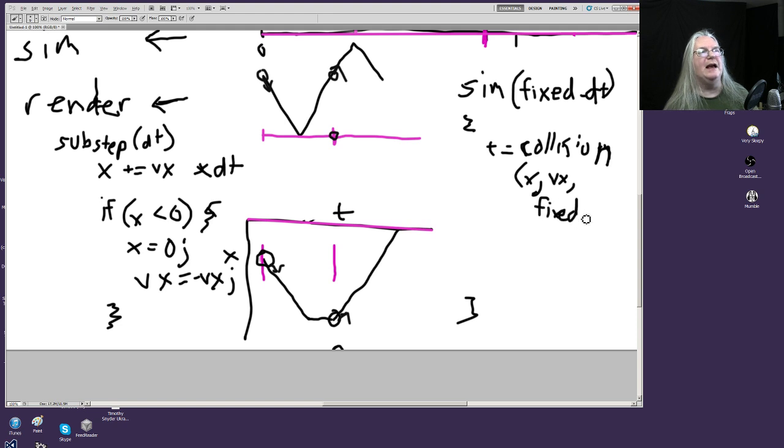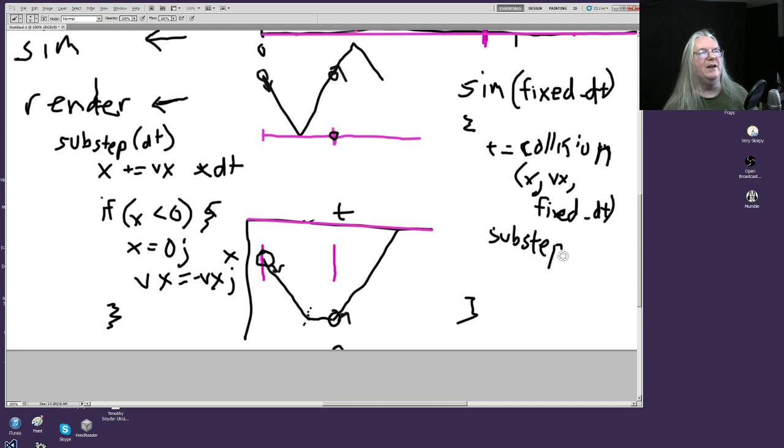So this thing has to internally compute the path and find the collision. It's going to compute how far along here it goes to reach that point of time. And then this is going to execute that substep.